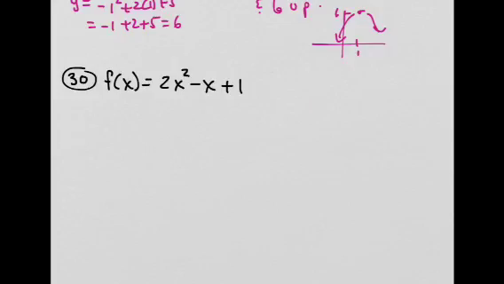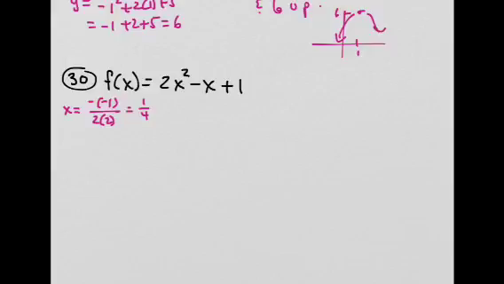Okay, so 30, same thing, I would use the negative b over 2a for my vertex, so x equals negative b, so it's minus a negative 1 over 2 times a, 2 times 2. So that's 1/4. So now I'm going to substitute that for x.